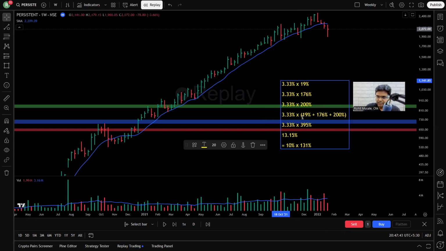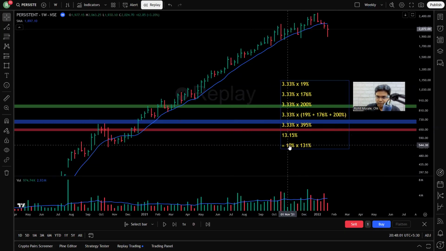Okay. So it's like you sold in three tranches, but it's like making 131% return on a 10% position size, so that it becomes 13.15%. I'm just telling you the equivalent of what you are making.